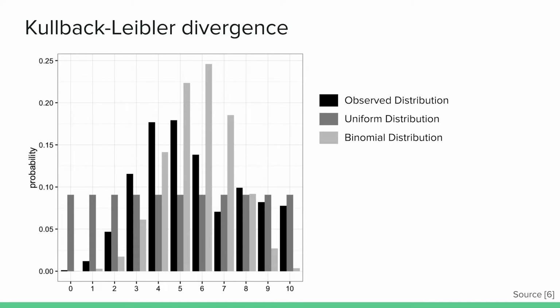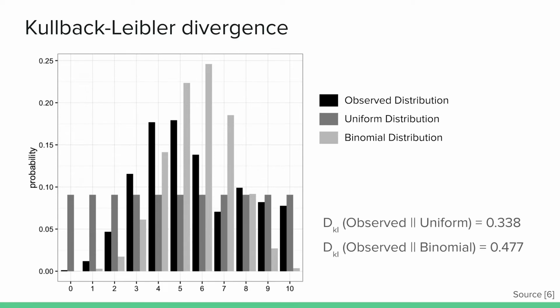So when we take a look at an example of this Kullback-Leibler divergence, we have some observed values from an observed distribution, and we compare it to two different other distributions. In this case, a uniform distribution and a binomial distribution. And when you take a look at the data, we might tend to say, okay, it rather looks like a binomial distribution than a uniform distribution. Well, then let's actually put in the numbers.